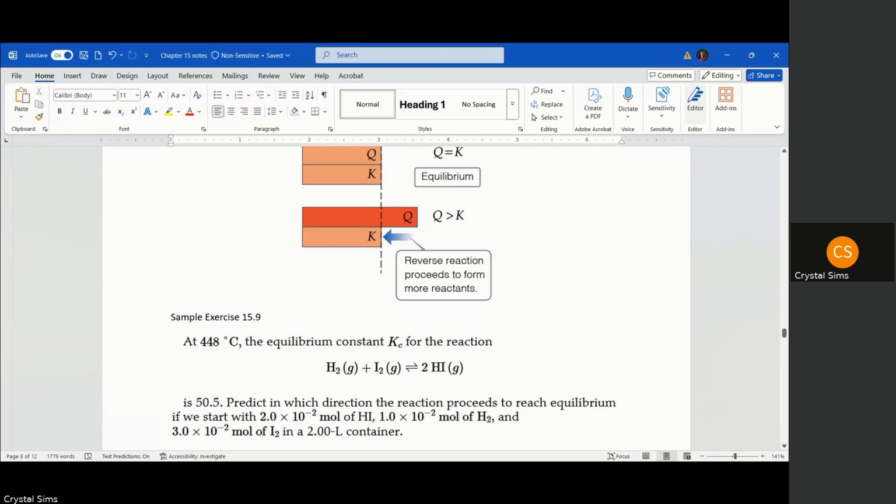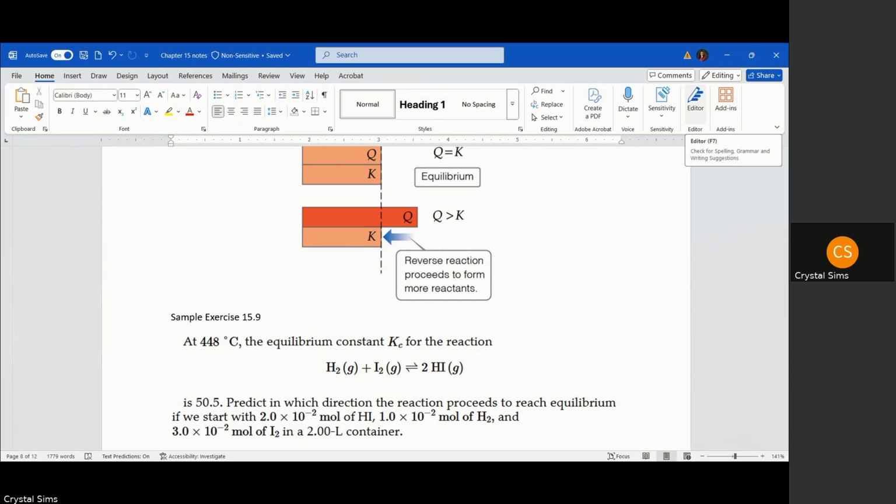We're working with our hydrogen iodine reaction again, and they tell us what our equilibrium constant is. It's 50.5. And they want to know in which direction the reaction has to proceed to reach equilibrium if we start with 2.0 times 10 to the negative 2 moles of HI, 1.0 times 10 to the negative 2 moles of H2, and 3.0 times 10 to the negative 2 moles of I2.